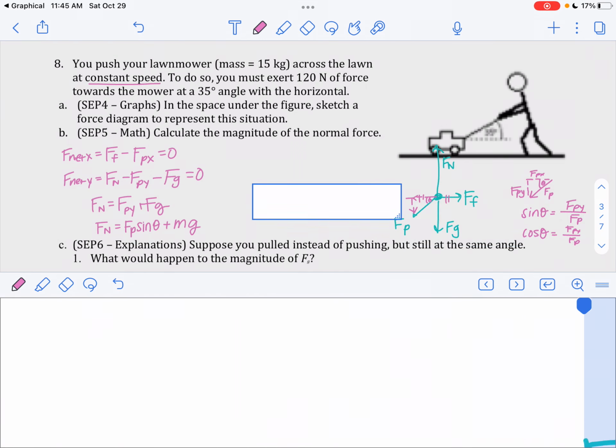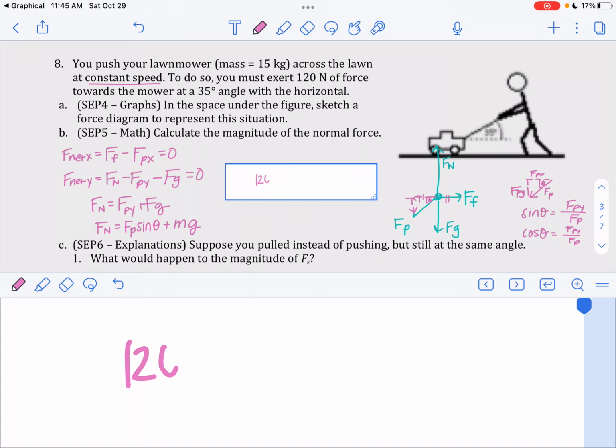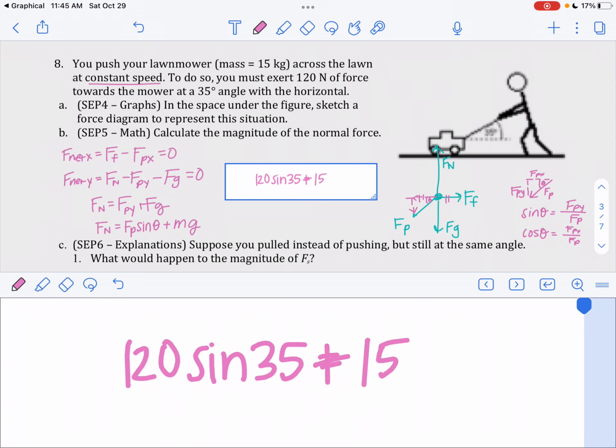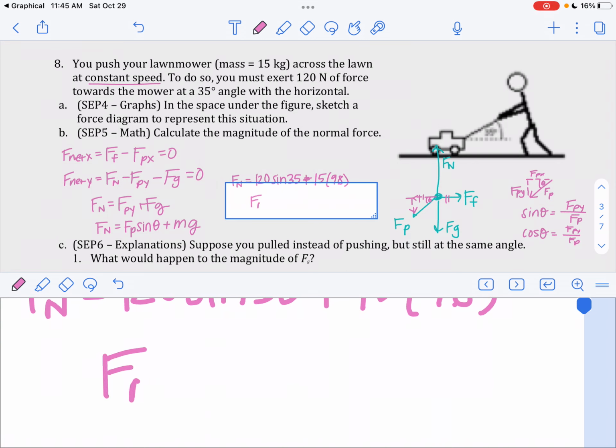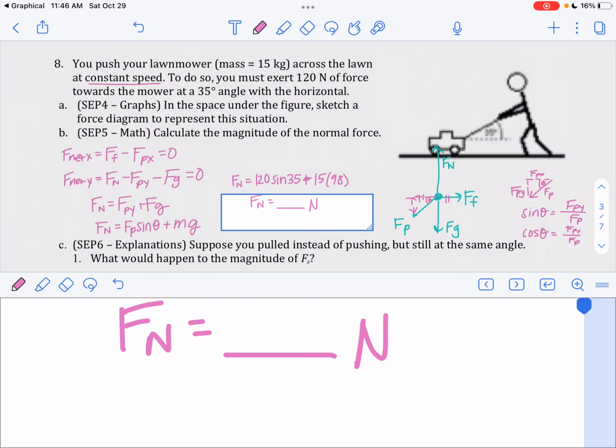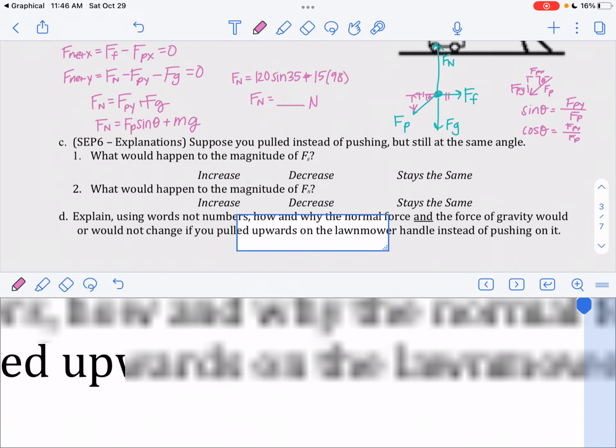If I solve that over here, I would get FP, which is 120, times sine of 35, plus the mass times 9.8 would give me Fn, and I'm not sure what that is, but whatever it would be, in newtons, you could plug that into a calculator and figure out what that is.